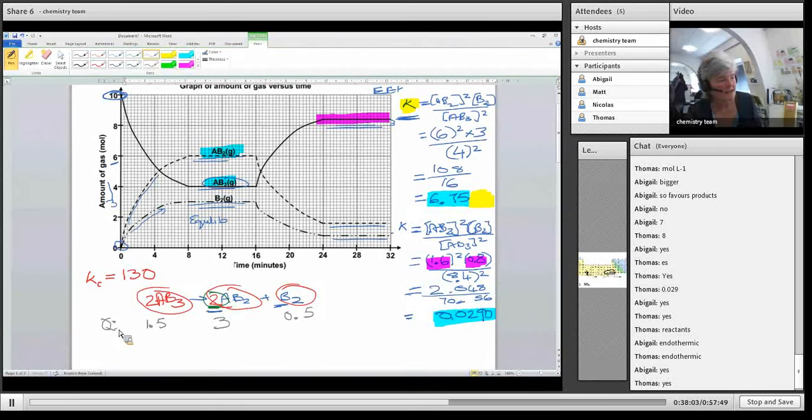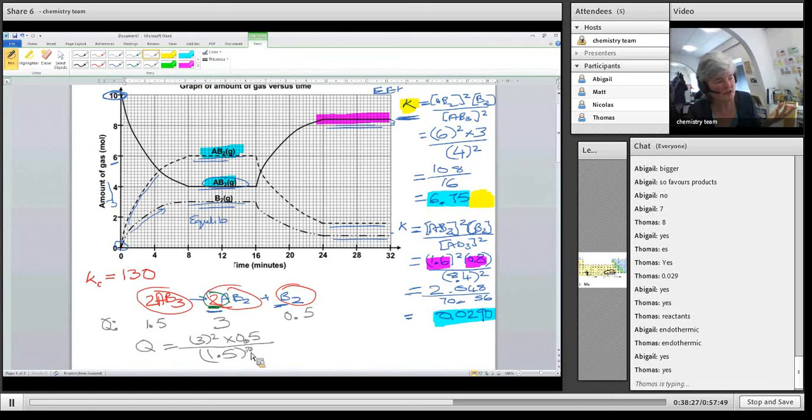So I can still work it out, by calling it Q, it is still 3 squared times 0.5 all over 1.5 squared. And if you'd like to do that calculation, what is your answer?